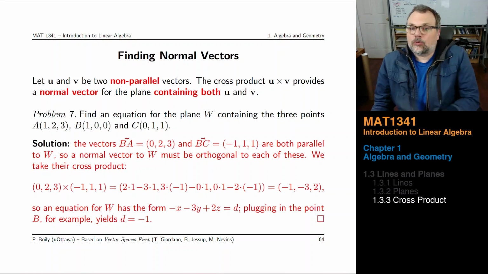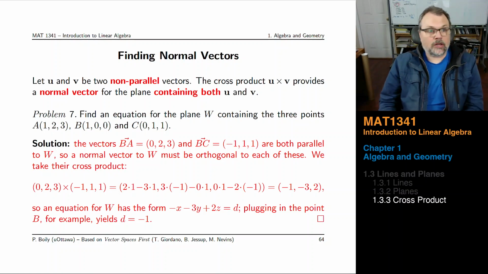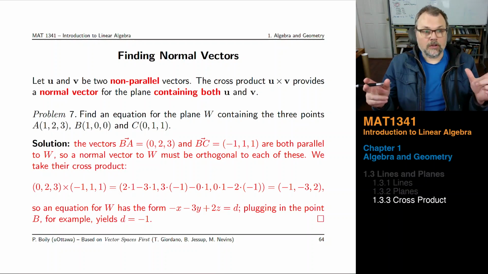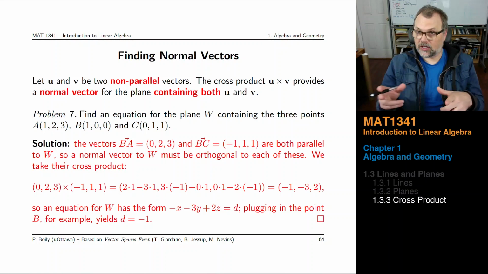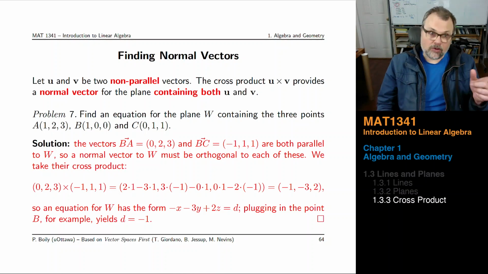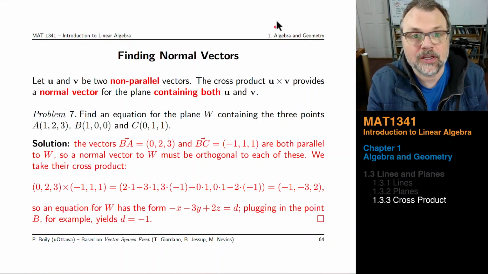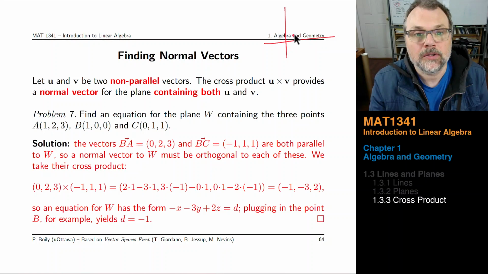So how do we find normal vectors now that we have this cross product? It's not too difficult. You find two vectors U and V, which are non-parallel, so that the cross product is not the 0 vector. That cross product gives you a normal vector for the plane that contains both U and V. I just draw this here. Let's assume this is a plane.